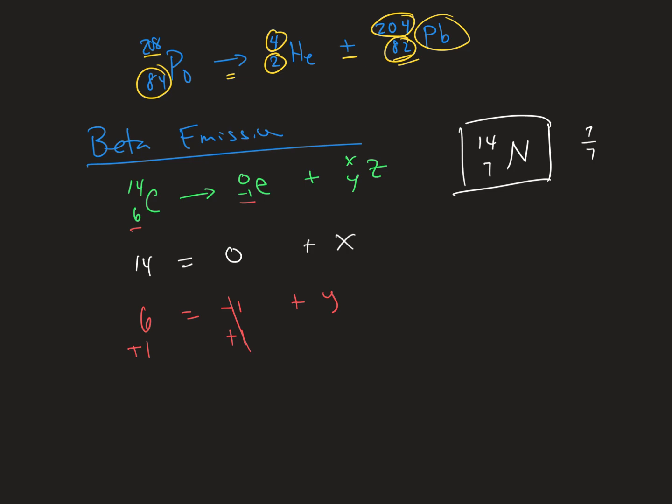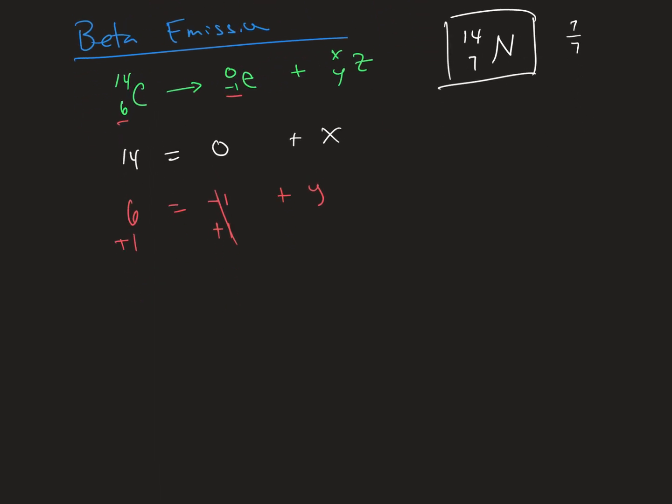No. That's why carbon-14 doesn't undergo alpha decay. You don't have to know which one it's going to undergo. That's more nuclear physics where you'd have to know that. Okay? But we're going to keep it simple. I'm just going to say carbon-14 undergoes beta decay. What's the remaining isotope?